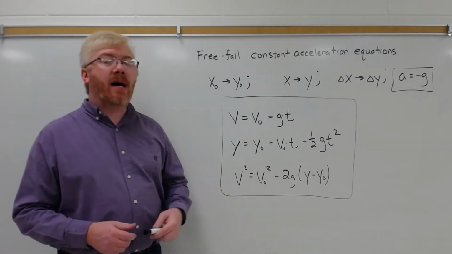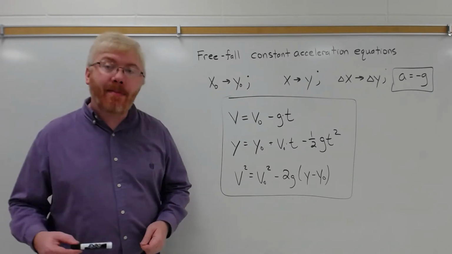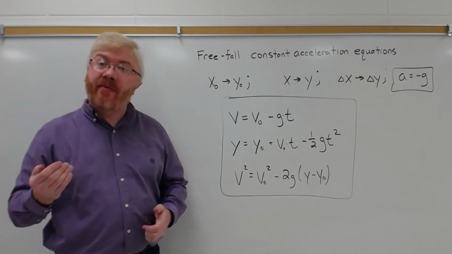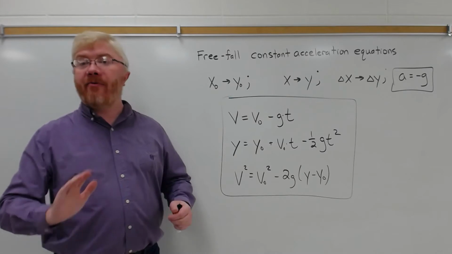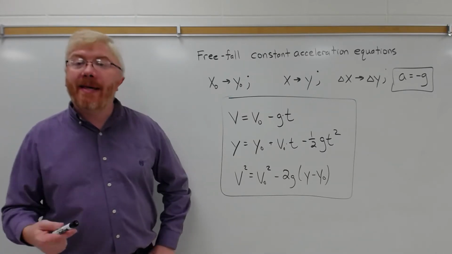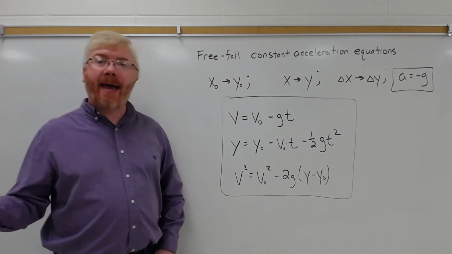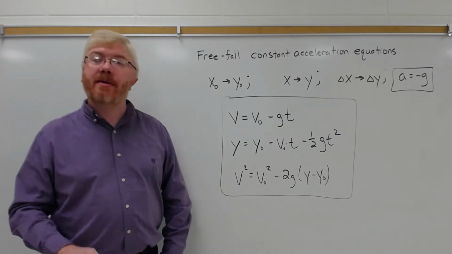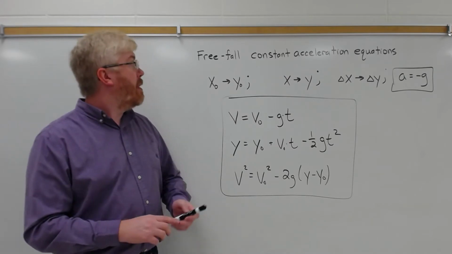Because free fall constant acceleration equations are so common, we'll be solving for objects that fall, or objects that are fired, a baseball being thrown or hit, a tennis ball being hit, a cannonball flying through the air later on when we talk about 2-dimensional kinematics.